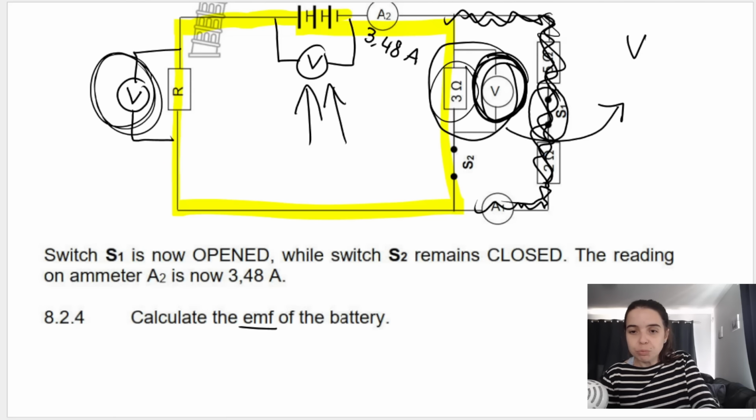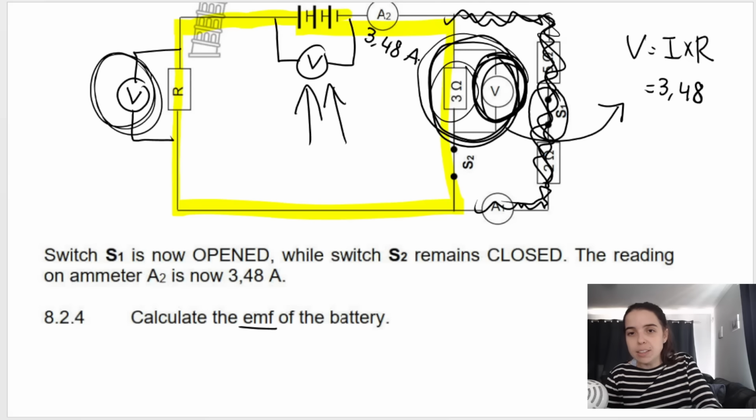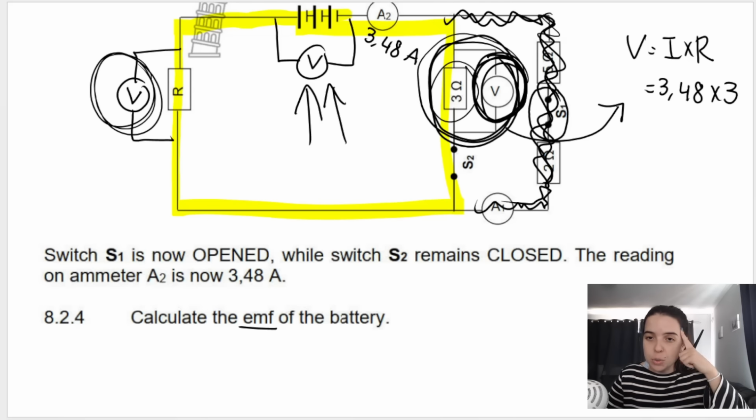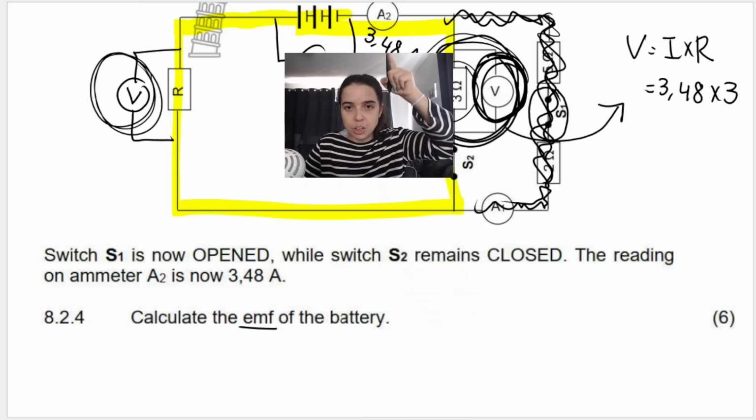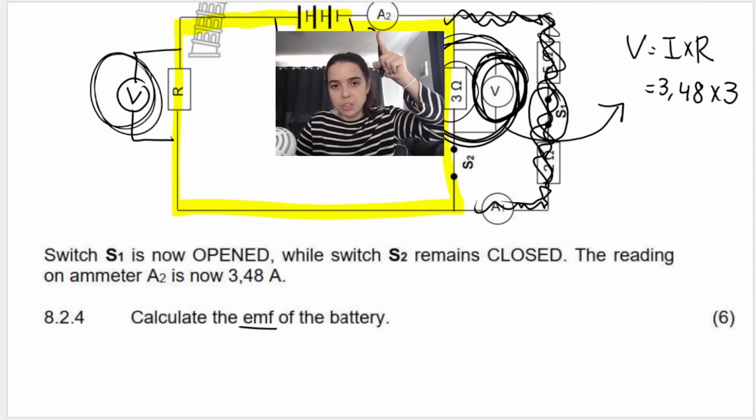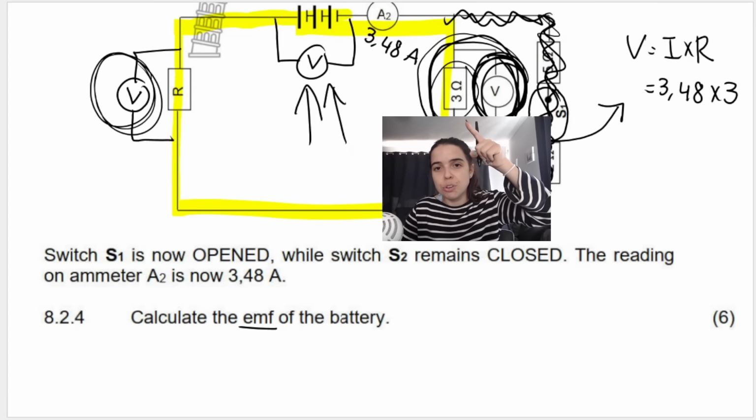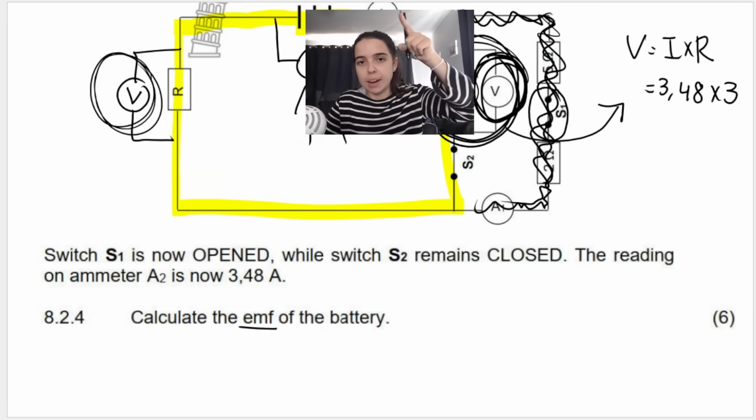V is equal to I times R. The voltage across this 3 ohm resistor over here is equal to the current, which is 3.48 amperes times 3, because you just need to keep reminding yourself that it's now a series circuit. So the total current, so the current on A2 will flow through this 3 ohm resistor back to the battery.